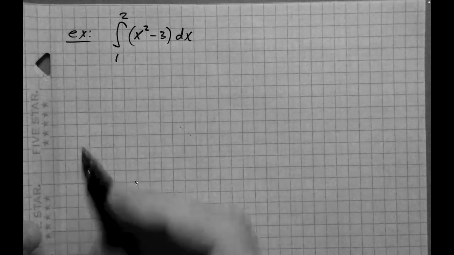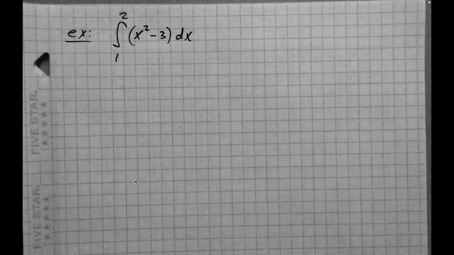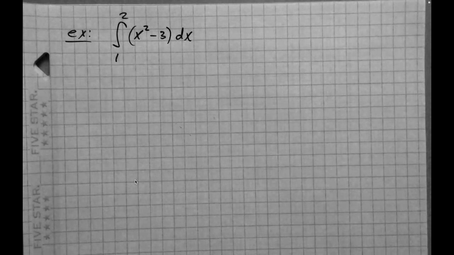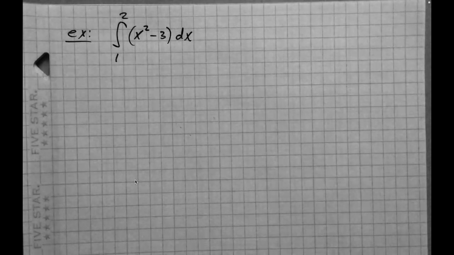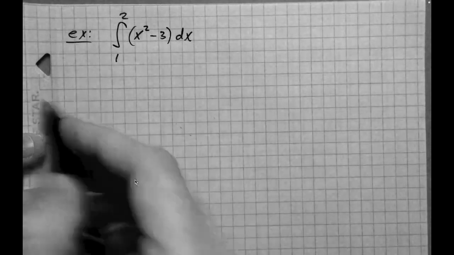Okay, so again, this is a quadratic, so there's going to be a parabola in the plane with the vertex at y equals -3. And we're looking for the area between 1 and 2 between the x-axis and that function. And so the answer to this question is a number.